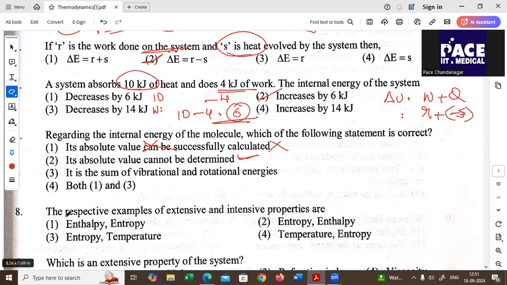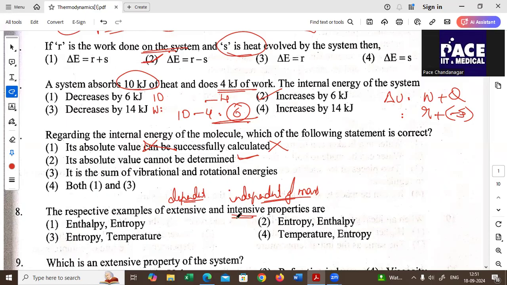Next, coming up, respective examples of extensive and intensive properties. Intensive properties are independent of mass, whereas extensive properties are dependent on mass. Intensive is independent, extensive is dependent. So what are the examples?